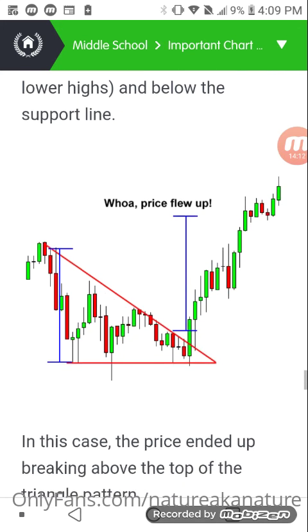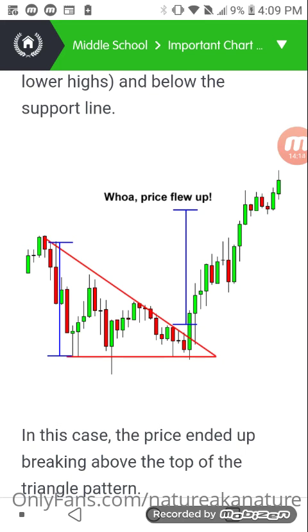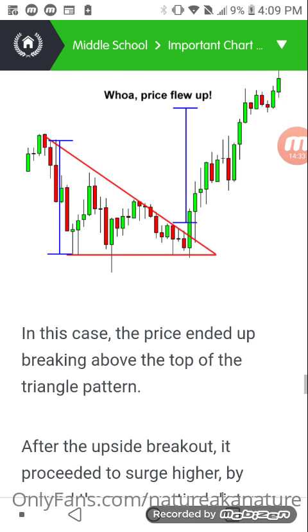We already placed our buy order above and our sell order below. So whatever direction price decides to go, it's going to hit our entry triggers, our pending buy and sell orders. In this case, price ended up breaking above the top of the triangle pattern.